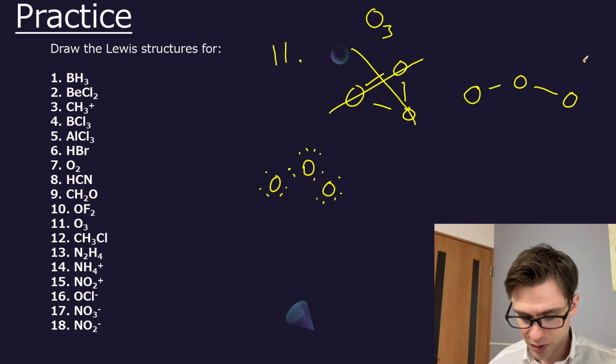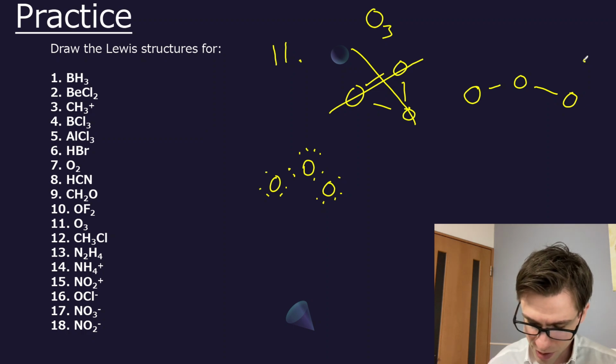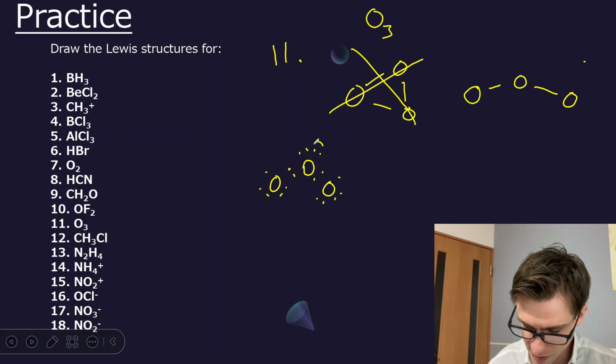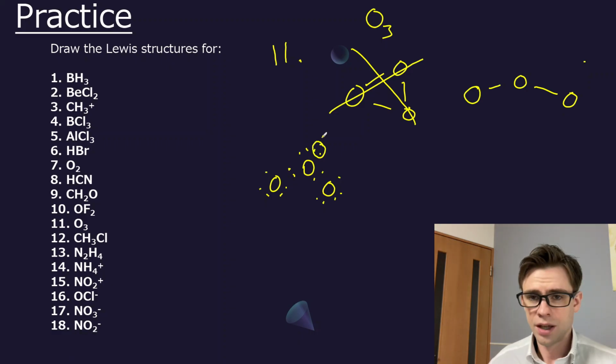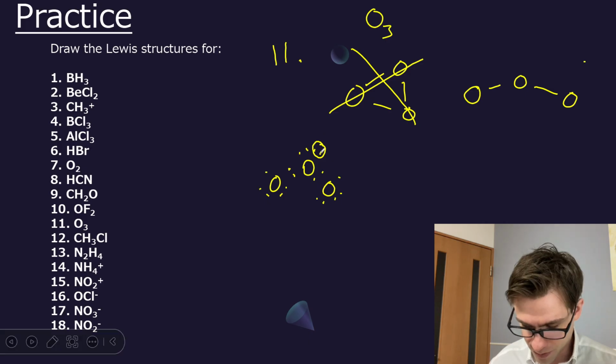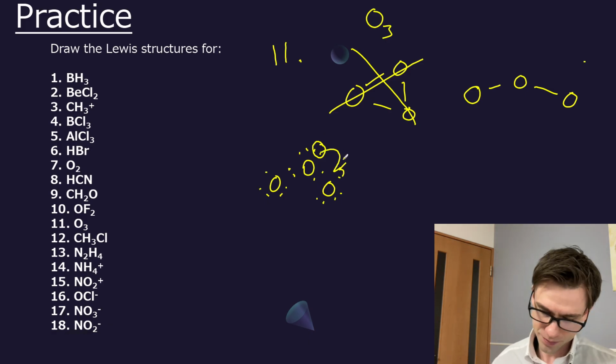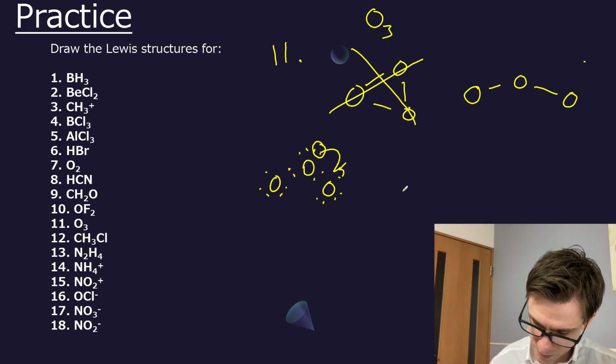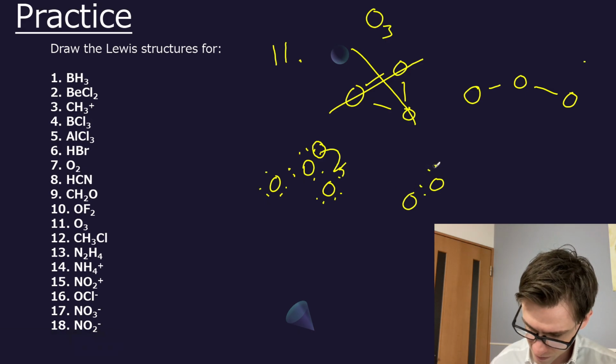So what to do? Well, it's kind of crazy, but I'm going to take one of these lone pairs that's on the central oxygen, and I'm just going to break it up and do some crazy stuff with it. So one of these electrons, I'm going to make a double bond and share with the right oxygen. So double bond.